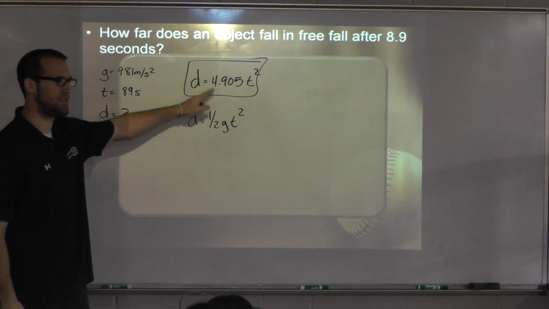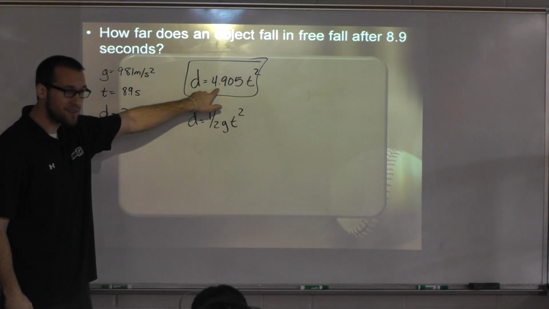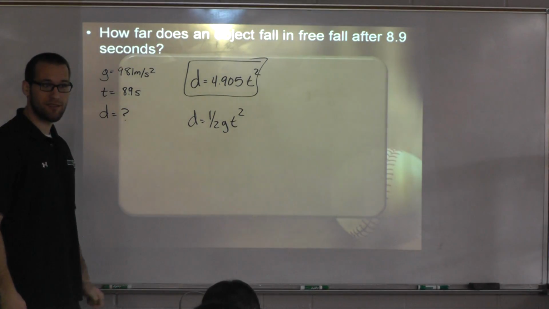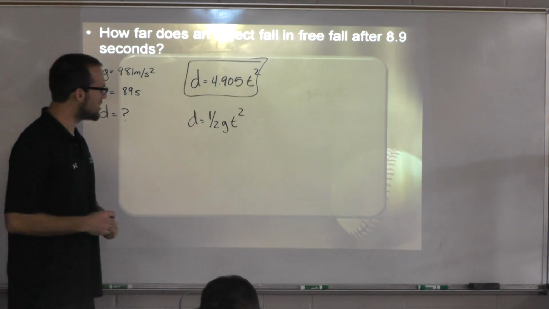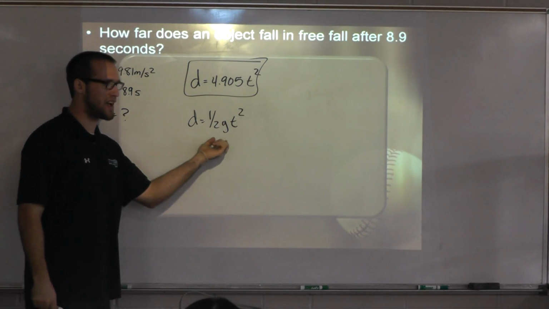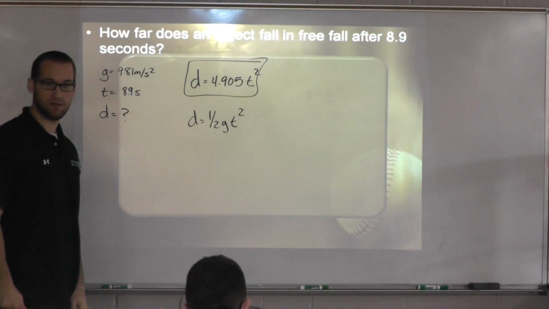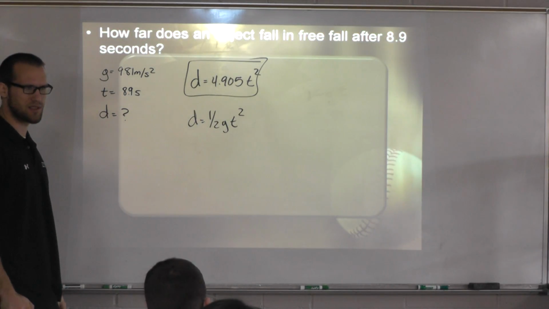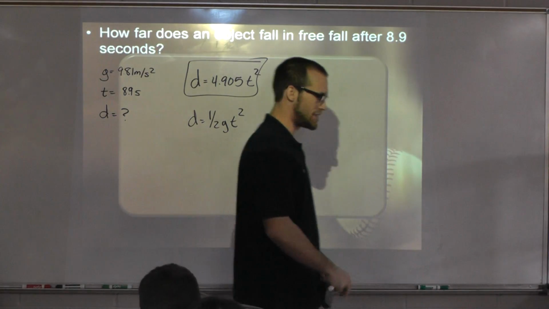This is just a simplified version of this. Half of g is 4.905. Does that make sense? If you prefer to use this equation instead of this one, you're doing less work, so I would use this one if I were you. Everybody understand how it's the same equation? Okay. You're looking at me like I'm throwing rocket science at you.